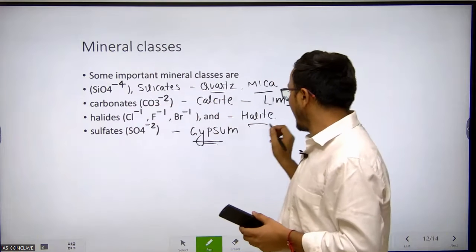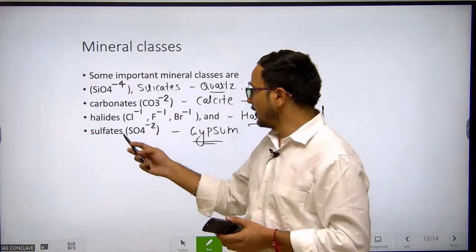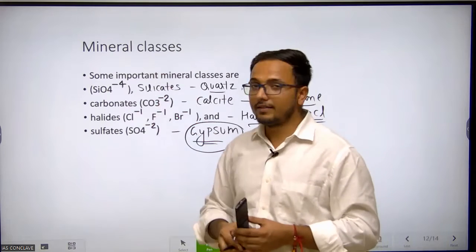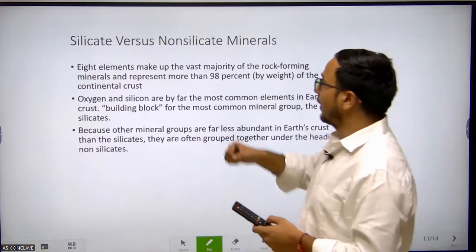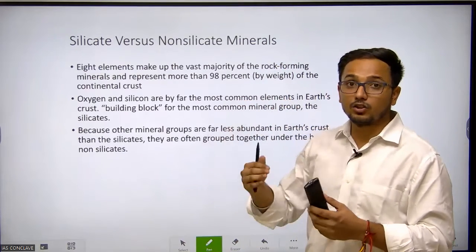In halides, there is halite, NaCl, and in sulfates there is gypsum. So these are the major mineral classes, and based on them we have classified the minerals on the basis of their components and constituents.